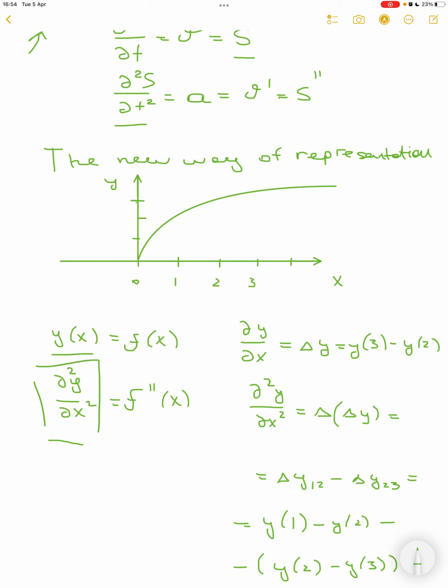Look, let's first take the first order derivative of y with respect to x. We may write it as a difference, or delta, of y with respect to some coordinate, in our case x. So we just take delta of y. For instance, we may pick some numbers like y of 3 minus y of 2.